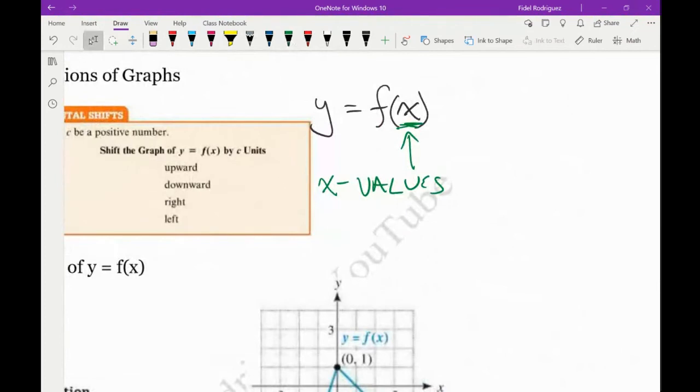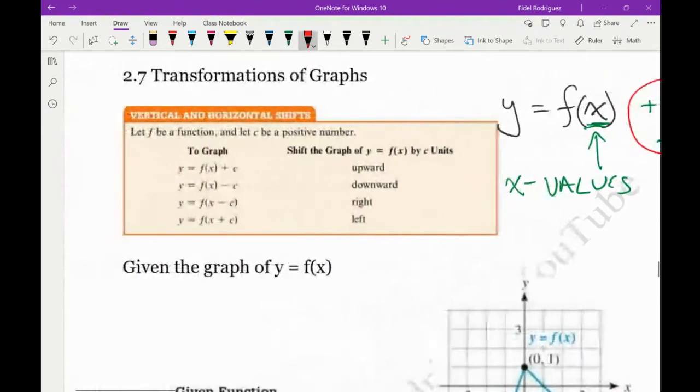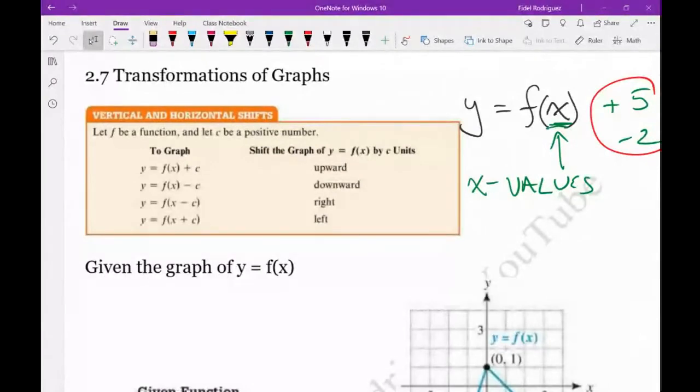And if we have something like either a plus 5 or a minus 2, but this is on the outside, then we're changing the y values, okay?